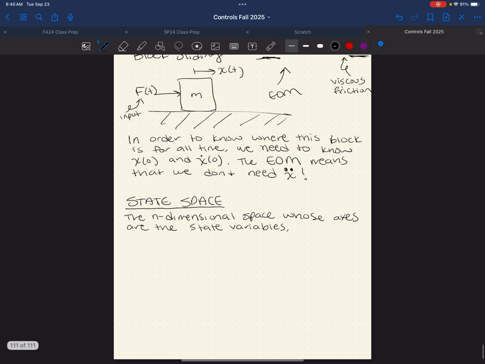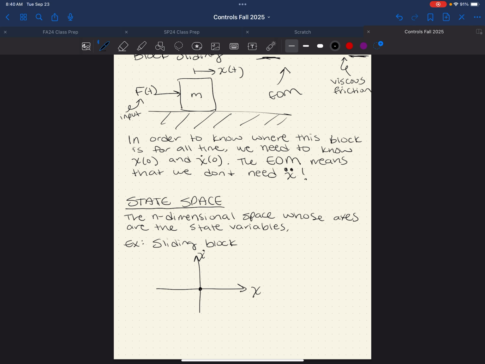So for example, with our sliding block, our state variables were x and x dot. So I want you to think about a space as being like this Cartesian plane of x and x dot.